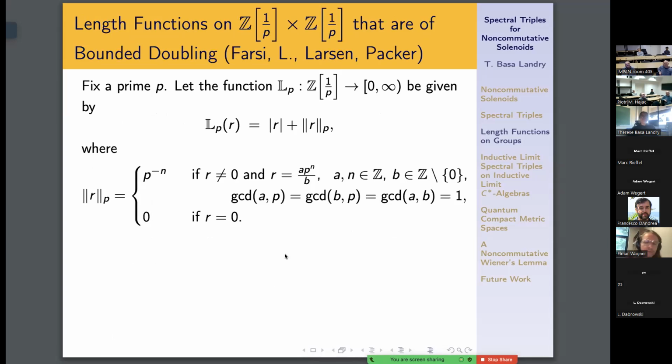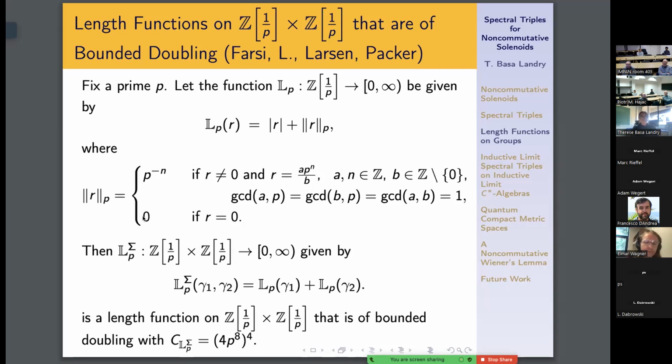Okay, so, of course, do such length functions exist, like do length functions of bounded doubling exist on Z_p cross Z_p? To construct one, let's first define a length function on Z_p. This is defined as the sum of the usual absolute value plus the p-adic norm, where the p-adic norm is very small the higher the powers of p that divide the number.